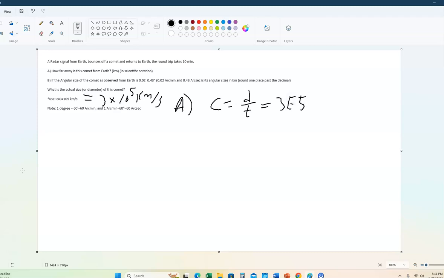In fact, that's how Blackboard interprets writing something in scientific notation. We'll see how to enter this in our calculator in just a moment. So E5, and the units are kilometers per second. This is the speed of light.